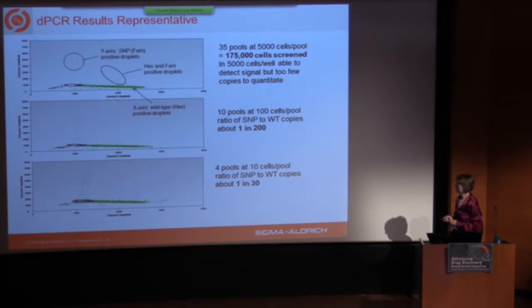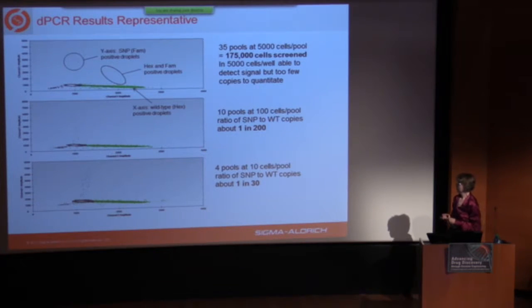And at this level, we were able to detect SNP-positive droplets. Those droplets are in the upper left quadrant, while in the upper right quadrant are droplets that are positive for both detection probes. And then on the x-axis are droplets that are positive for the wild type.